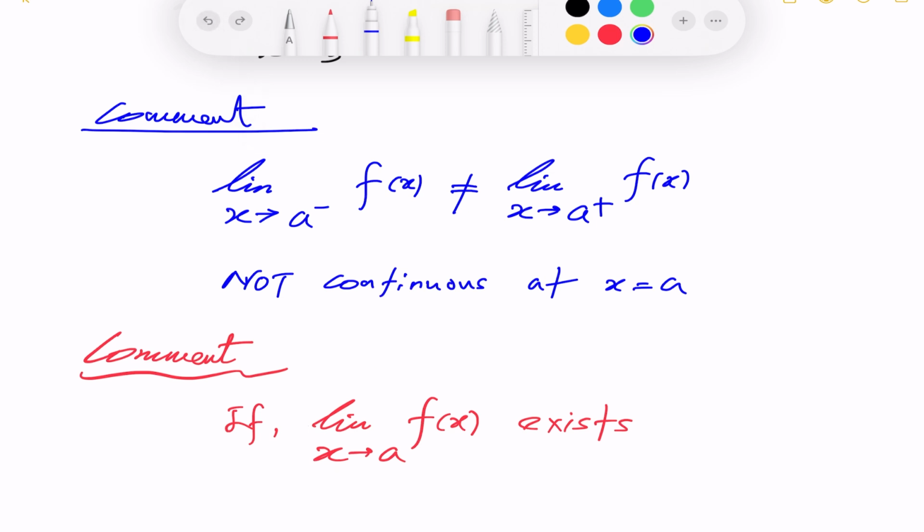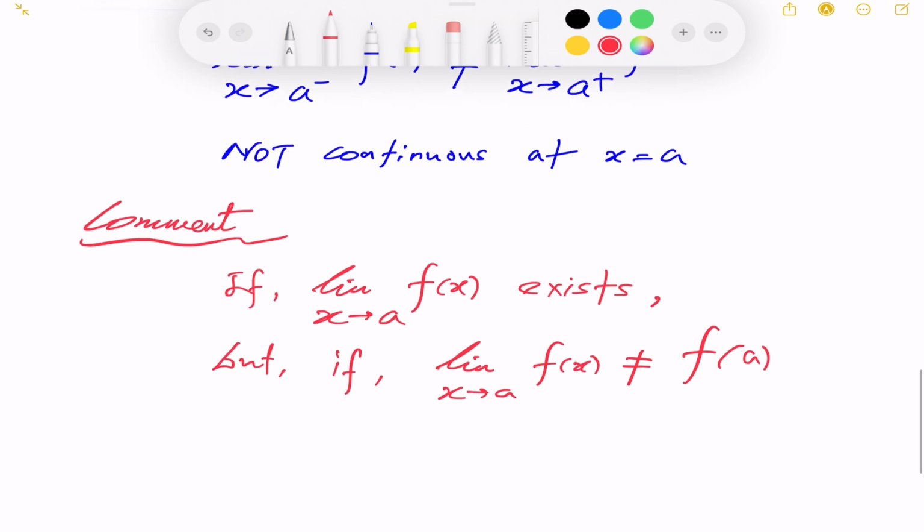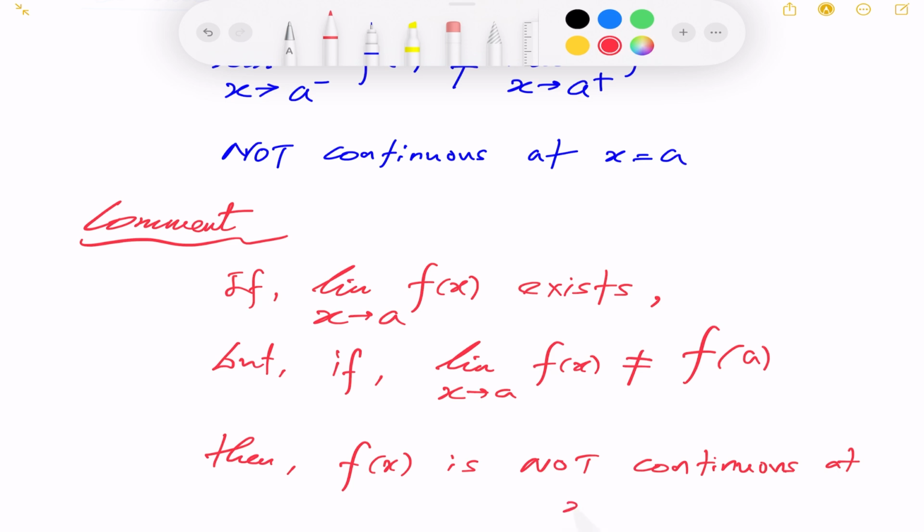Even if the limit exists, but if the limit as x approaches a of f of x is not equal to the value of the function evaluated at a, then f of x is not continuous at x equals a.